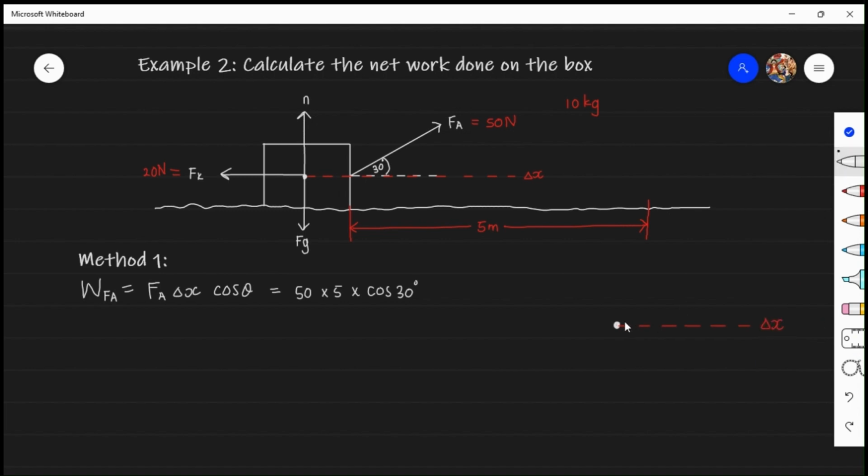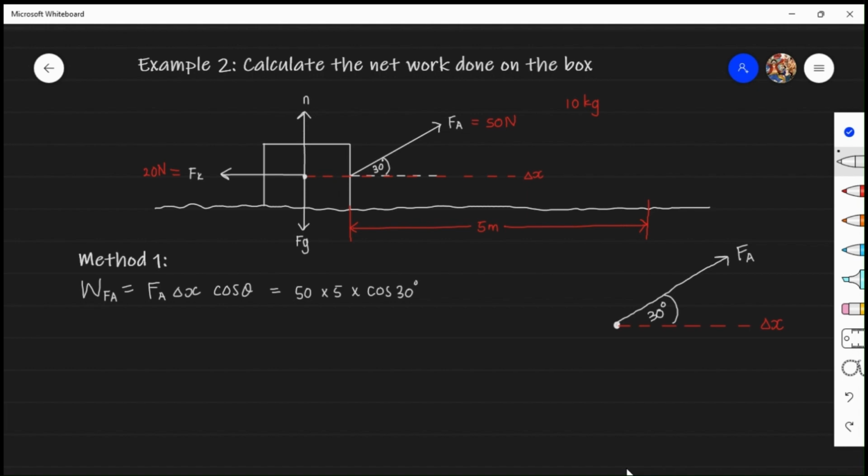Let us put in our force, which is our applied force, and the angle between it, which is 30 degrees. Based on this, you can also see that the angle between our displacement and our applied force is 30 degrees once again. So this is the first part of our free body diagram.